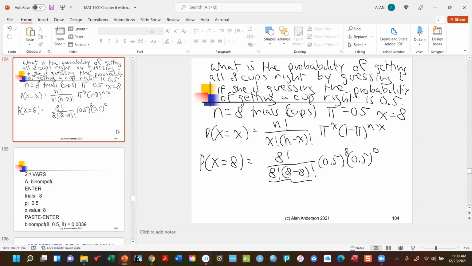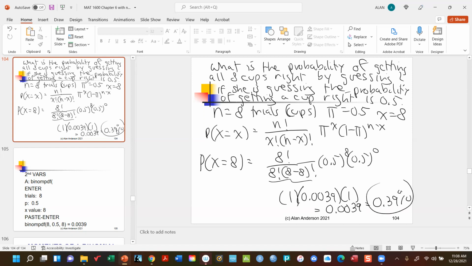Now this first term is just 1. Then here we have 0.5 to the 8th power, which is 0.0039, which is the same thing as 0.39%.